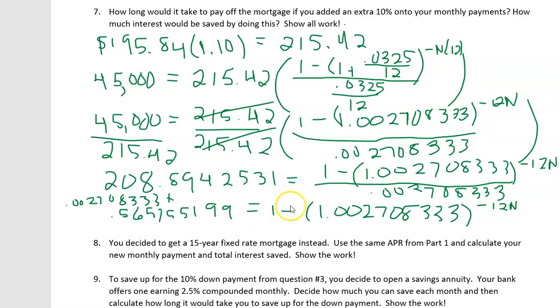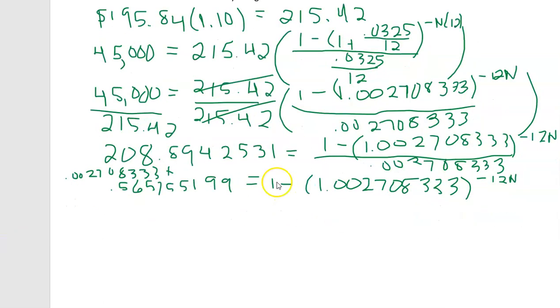Next, I want to get rid of this 1. Since it's a positive 1, we're going to subtract 1 on both sides. So if we subtract 1 on both sides, we'll have 0.6575599 minus 1. I get negative 0.342244801.